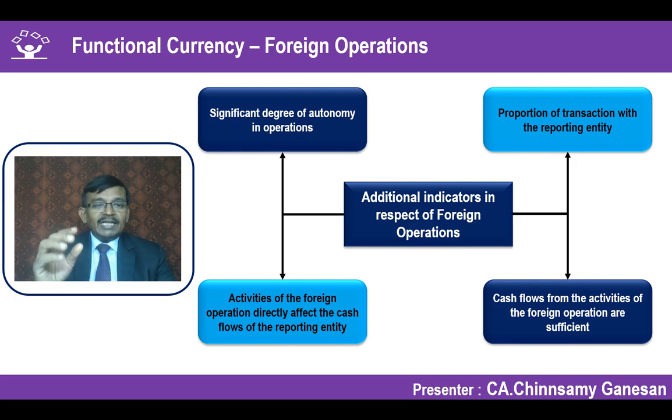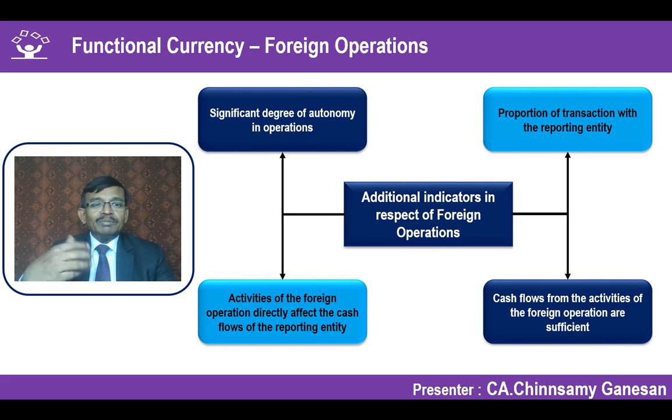Every funding has to be from the parent company. It cannot generate or raise funds in the country in which it operates. Even if funds have to be raised, it's only because of the parent company that they can be raised. So if the cash flows which it is generating from operating activities in that particular country are not enough, it has to be financed only by the parent company.